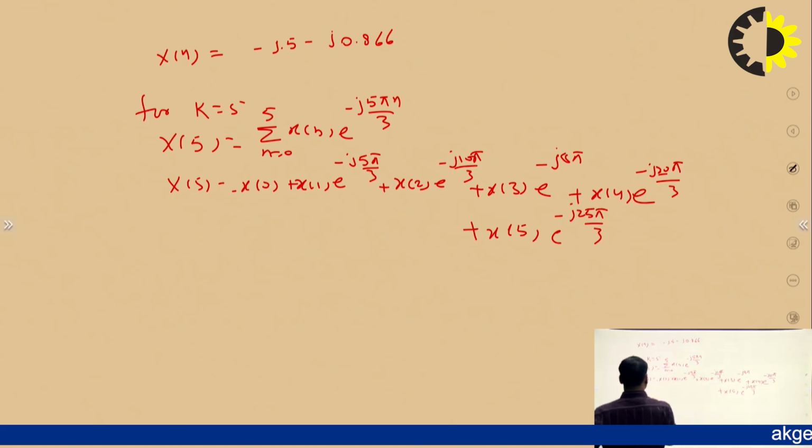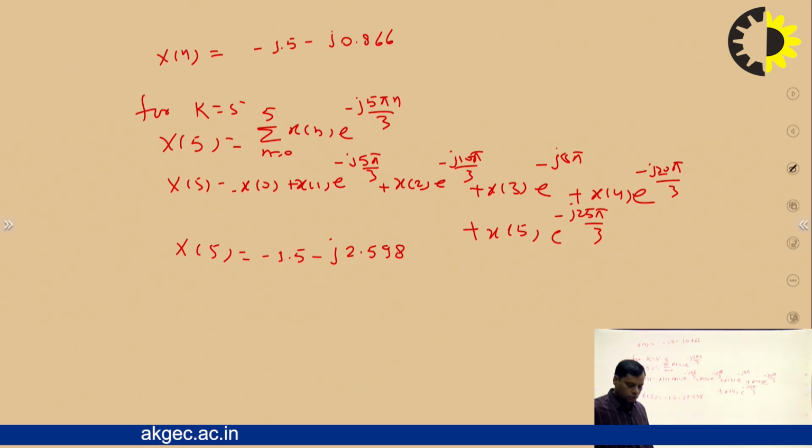So, put the values of all these, x naught to x5, and after evaluation the answer we will get is minus 1.5 minus j 2.598 here. So, all the values we have evaluated.